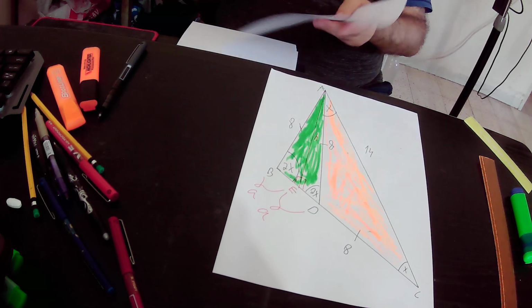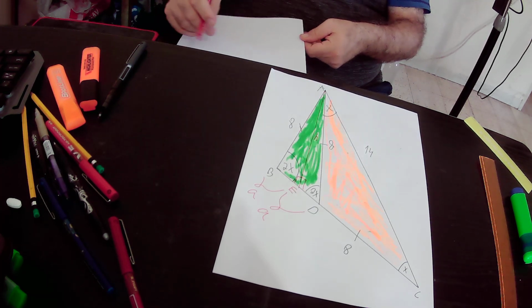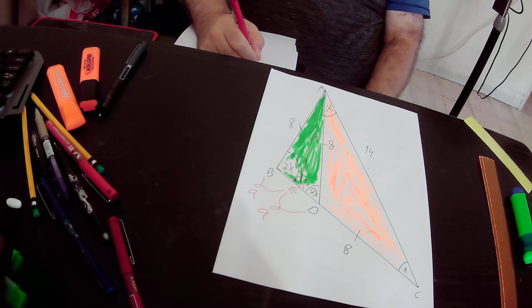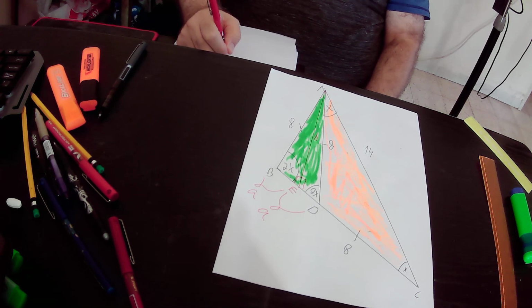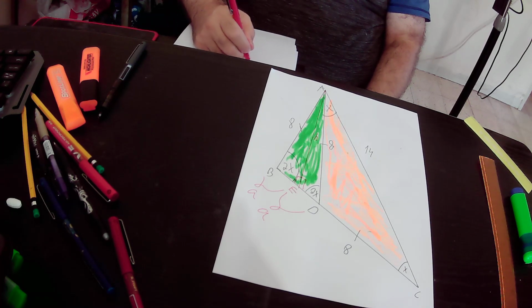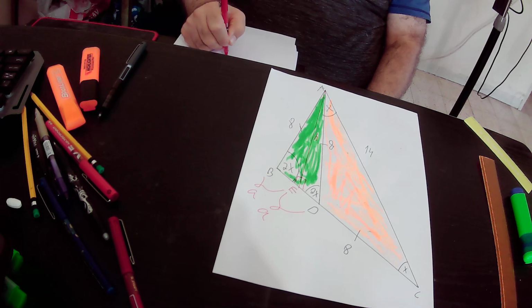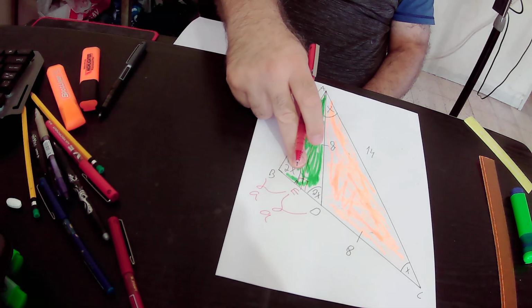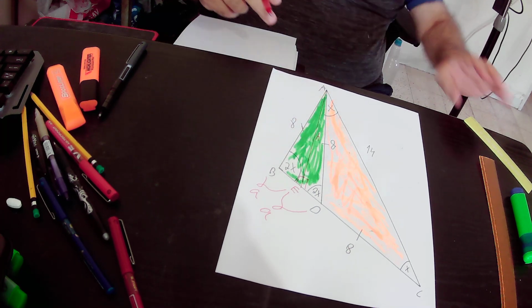Therefore, triangle ABE is a right triangle.